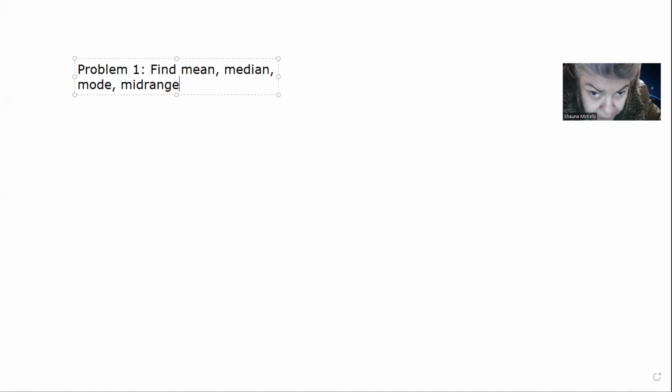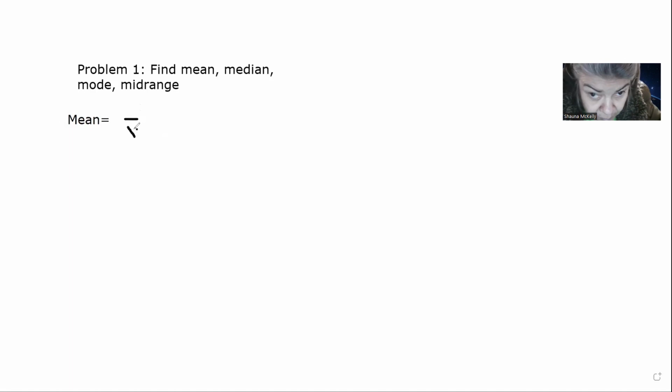So let's do that. Now the mean, okay, so the mean here has a symbol, and the symbol for the mean is X bar. I'm going to write X bar next to this.